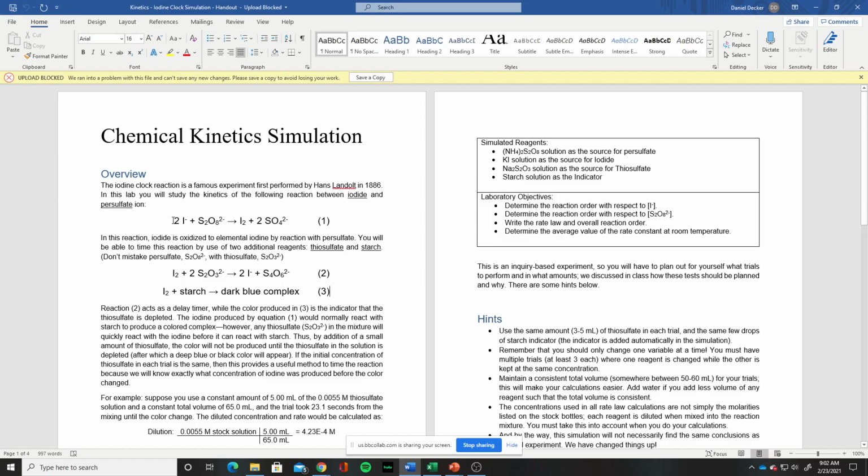So when you have this initial reaction taking place, you have iodide reacting with that persulfate, and it makes iodine. If you just had the starch and you didn't have the thiosulfate, what would happen is the moment that the reaction starts, which is just the second that you mix them together, you would get a deep, dark blue color.